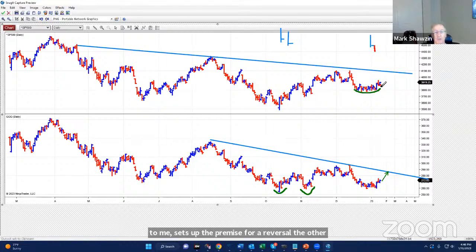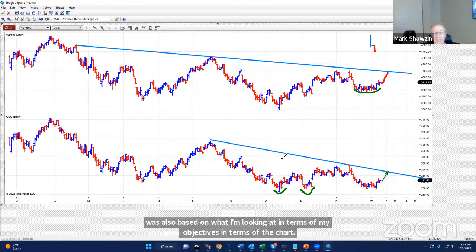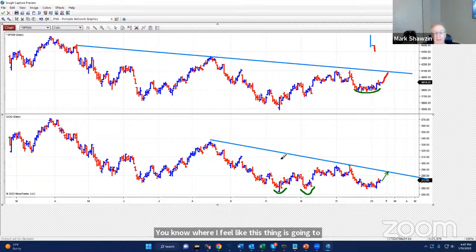You can see this thing opened lower and then went higher. Again, it was also based on what I'm looking at in terms of my objectives, in terms of the chart, where I feel like this thing is going to somehow find its way back here.